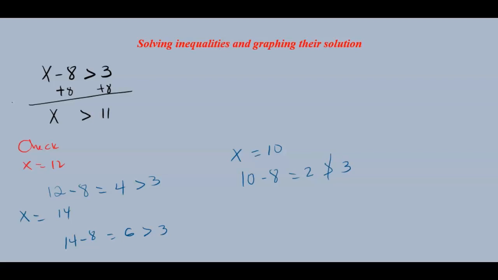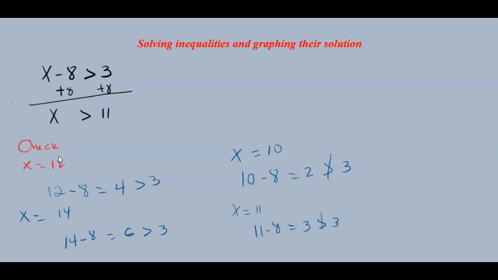So that's what they mean when they say x is greater than 11. Any number that is greater than 11 is going to satisfy this inequality, but anything that is less than 11 is not going to satisfy it. Also, if x is equal to 11, then 11 minus 8 is equal to 3, but 3 is not greater than 3.